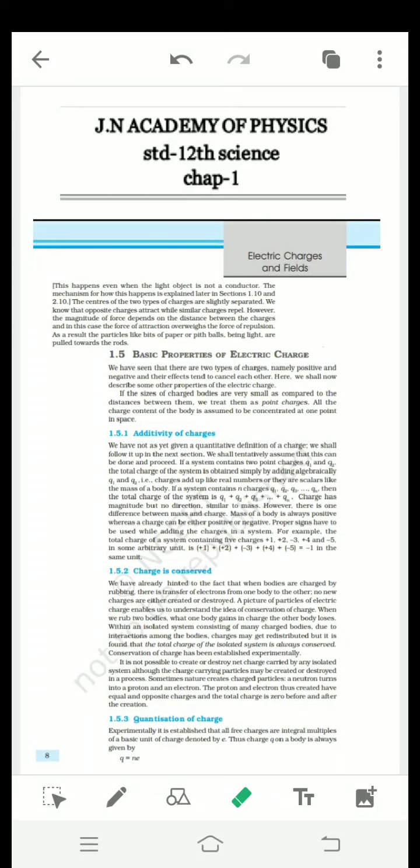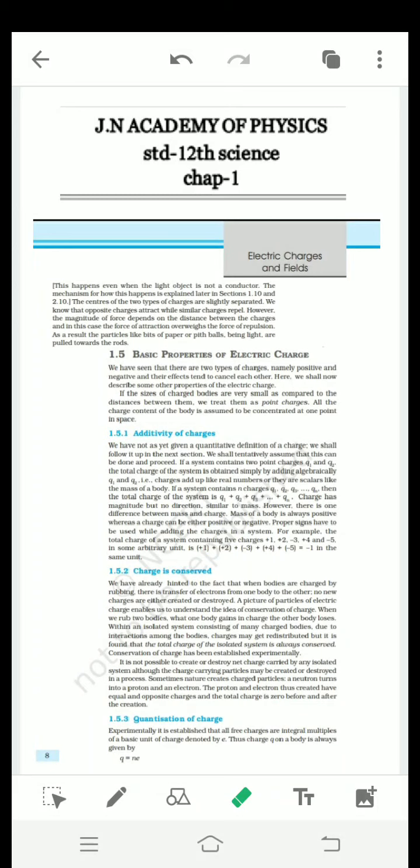Sometimes nature creates charged particles. For example, a neutron turns into a proton and electron. The proton and electron thus created have equal and opposite charges, and the total charge is zero before and after the creation. Now the third point is quantization of charge.